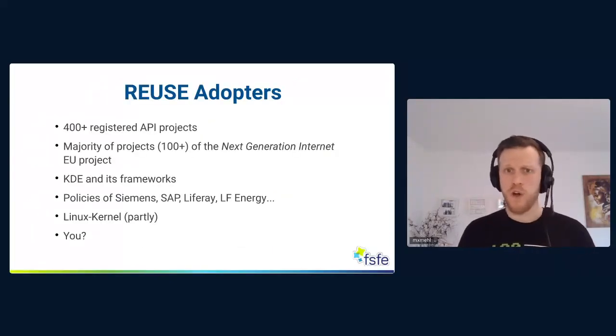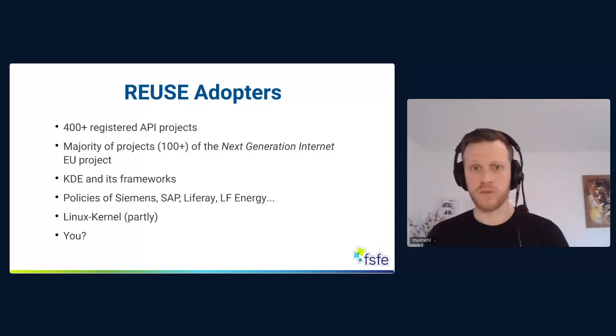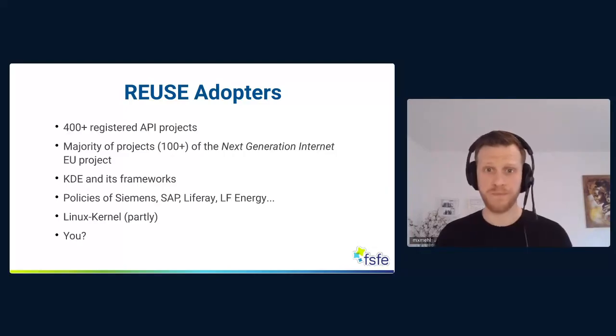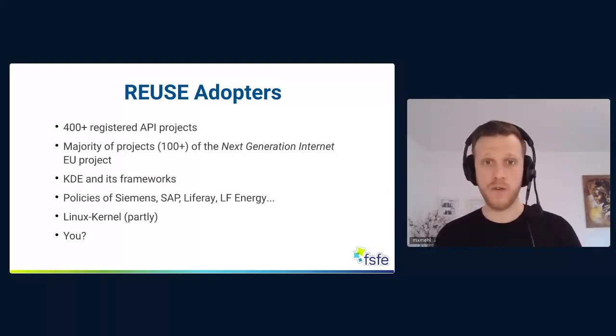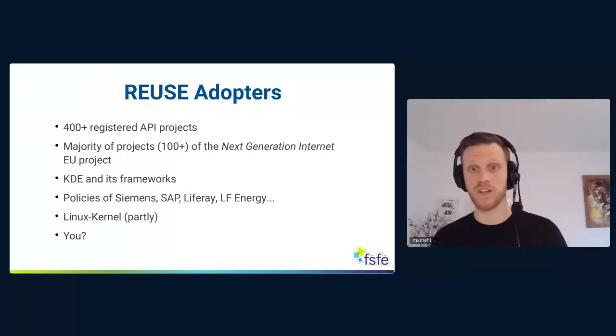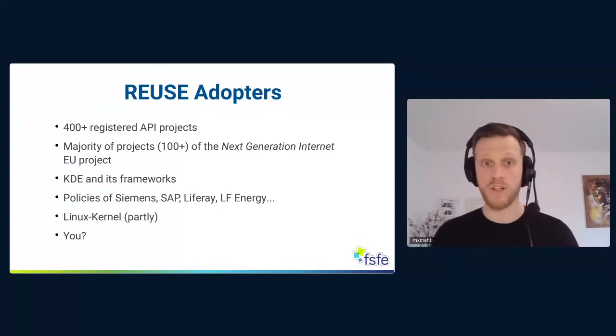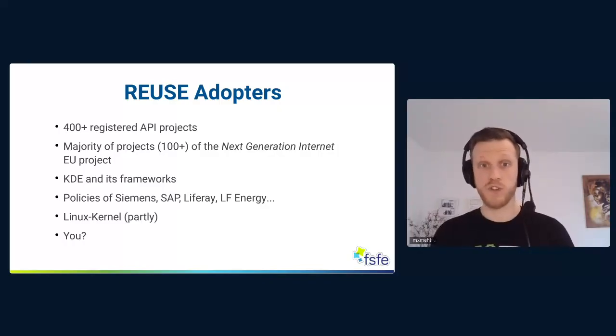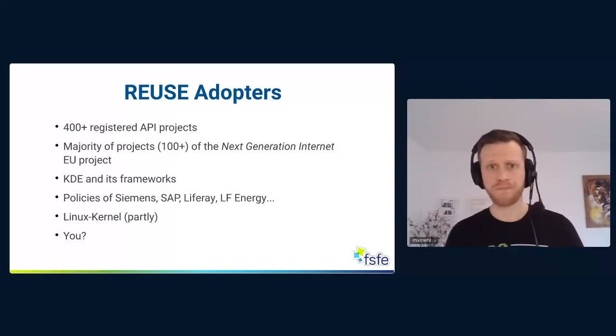So who already uses reuse? As you've seen, we have almost 500 registered API projects. And then another cool thing is that the majority of the projects of the Next Generation Internet project is already reuse compliant or is in the process of becoming so. So especially for the US listeners, the Next Generation Internet project is an EU project, funded by the European Commission.